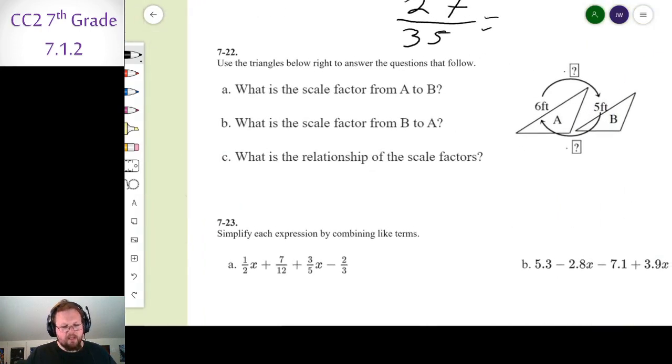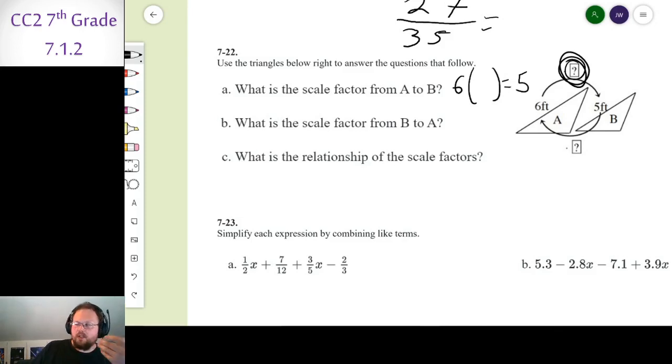7-22 is tricky because you have to think 6 times what number equals 5, and that's what's going to go here. And most of the time there's not a nice easy number that takes 6 down to 5. But if you remember fractions and the way to find a scale factor, you find a scale factor by dividing. So my scale factor from A to B is to just do 5/6.